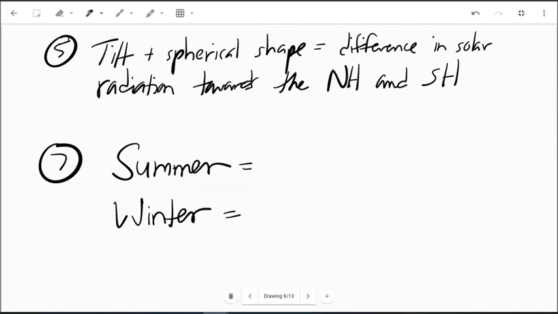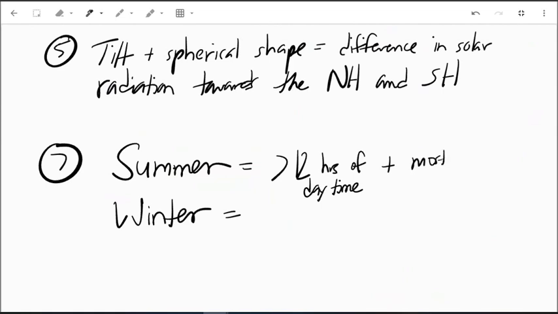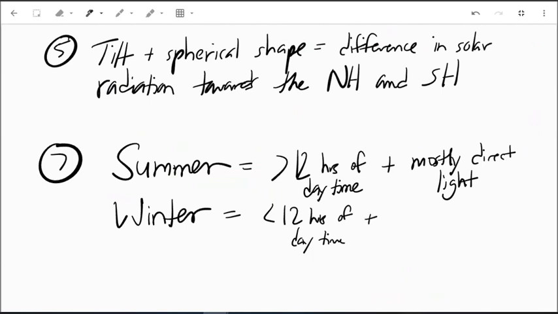For summer, you need greater than 12 hours of daytime, and you need mostly direct light. Okay? Winter is less than 12 hours of daytime and is mostly indirect light.